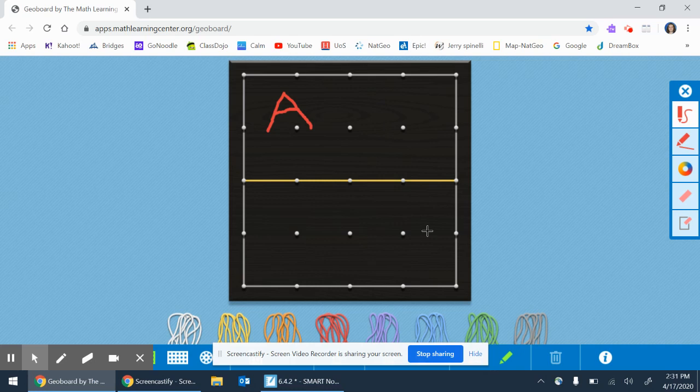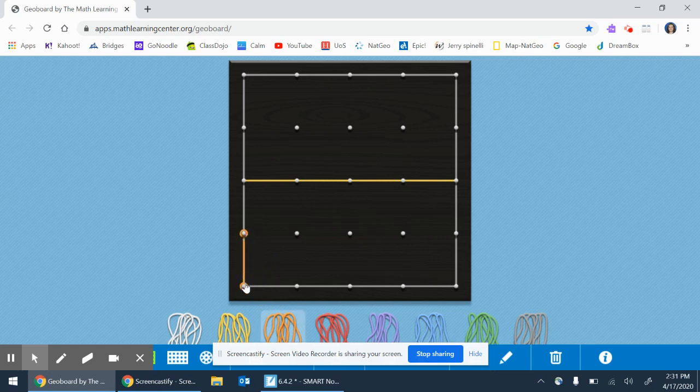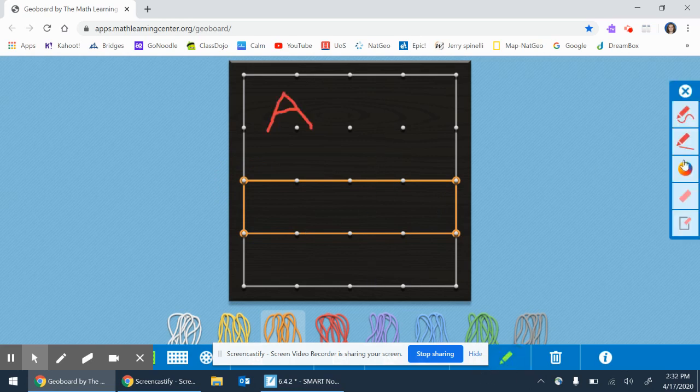Now, what if I take that and only focus on this part, this piece right here? What would be the fraction of that piece?